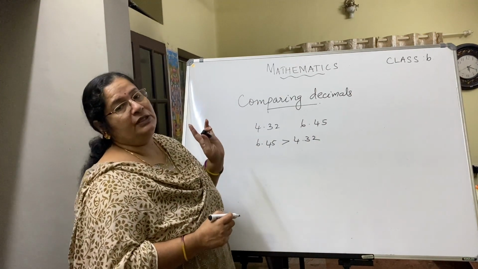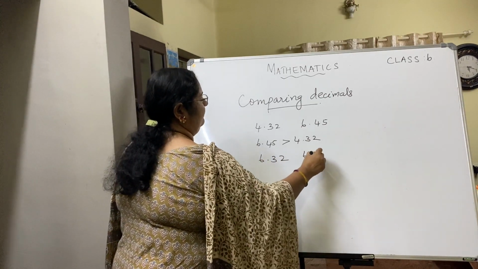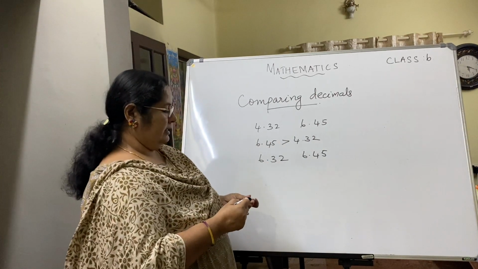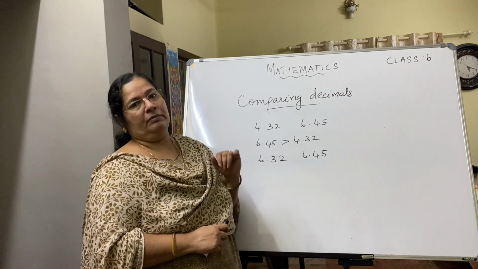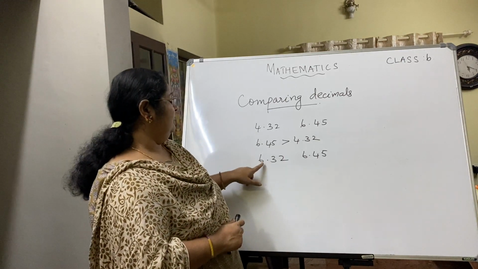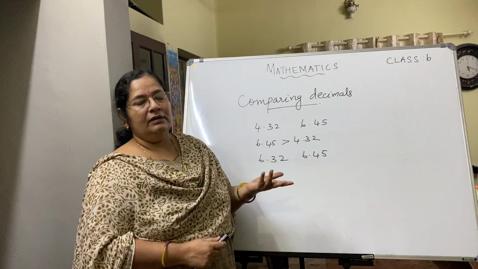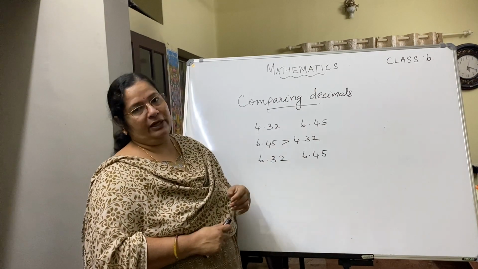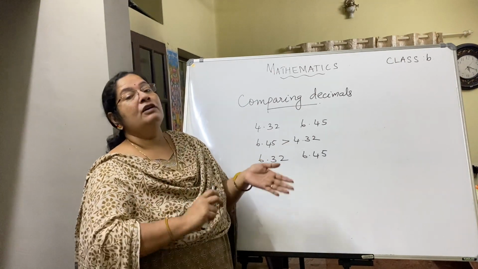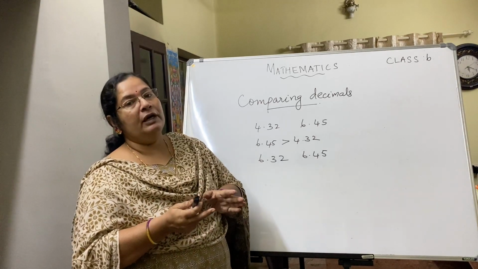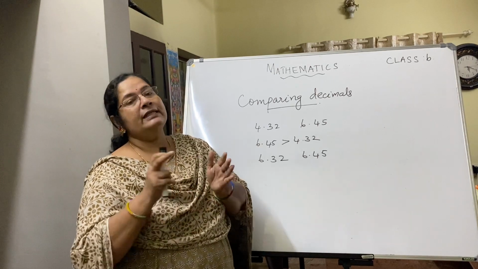Now, supposing you have 6.32 and 6.45. So what's the first step? You compare the whole number part. Here the whole number part is 6, here also it is 6. Both are same. So now how to find which decimal is greater? When in the first step you find that the whole number part is same, you go for the next step where you compare the decimal parts. In the decimal parts also you go stepwise.